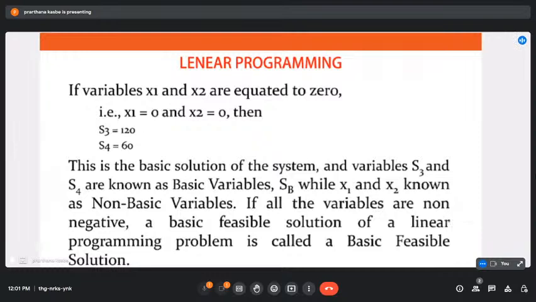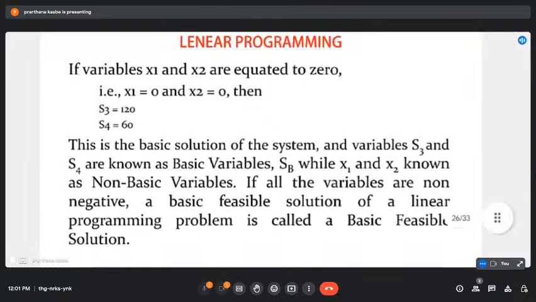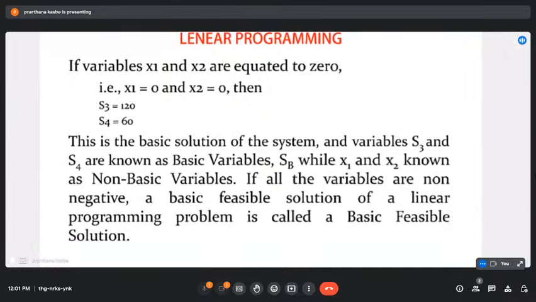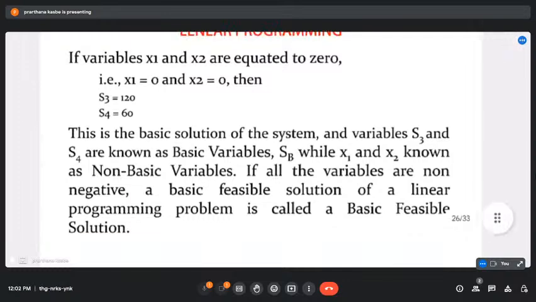This is the basic solution of the system, and the variables S3 and S4 are known as the basic variables, considered as SB, while x1 and x2 are known as non-basic variables. If all the variables are non-negative, it is called a basic feasible solution of the linear programming problem.